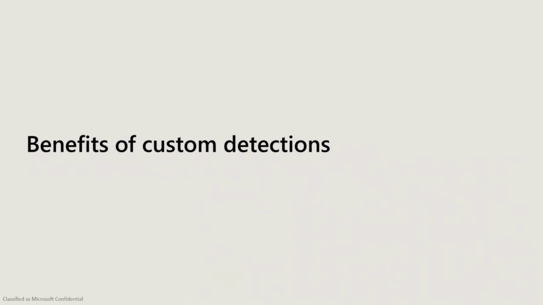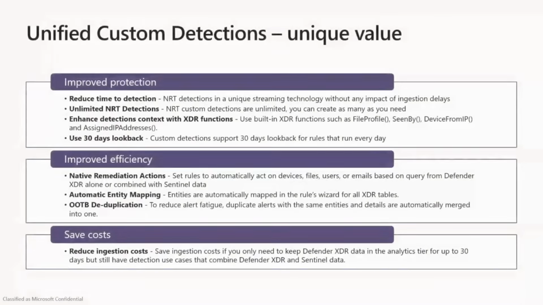Okay, so now that we've explained why we're unifying, what we are unifying, and what the solution is, I want to highlight some important benefits that the unified custom detection solution brings to our customers.